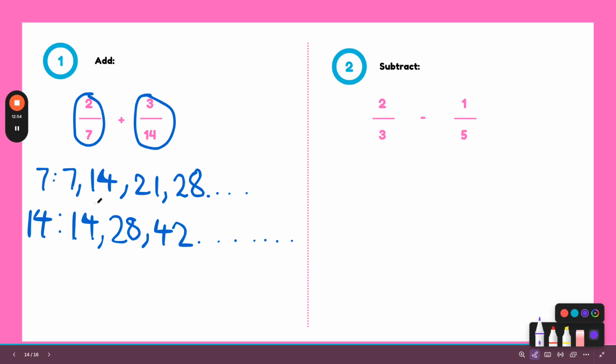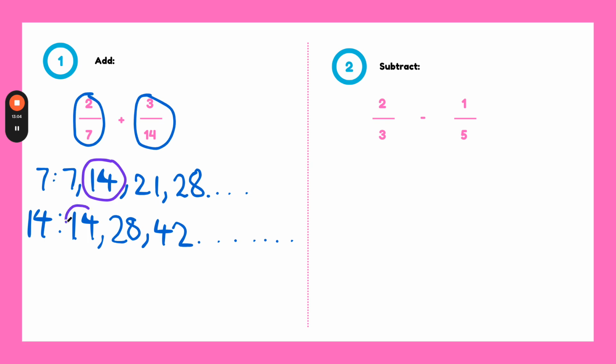And if we look closely, we can observe from just looking at our lists that 14 is a multiple of both 7 and obviously itself, 14. And it is the lowest common multiple of both 7 and 14. Why?